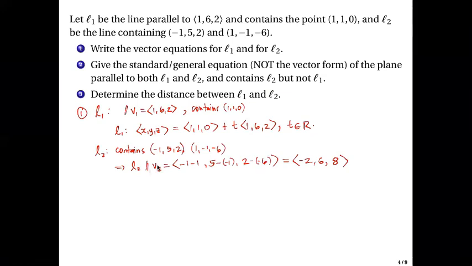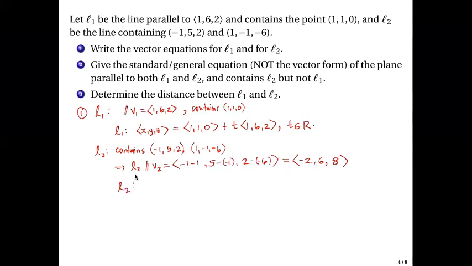We now have a parallel vector. We'll just use any of these two points to write the vector equation for L2. Maybe let's use (-1, 5, 2).